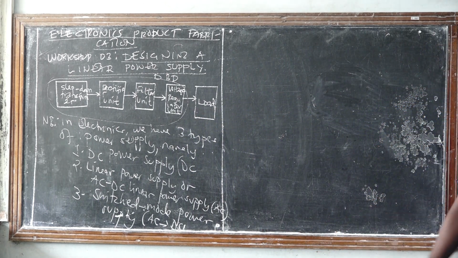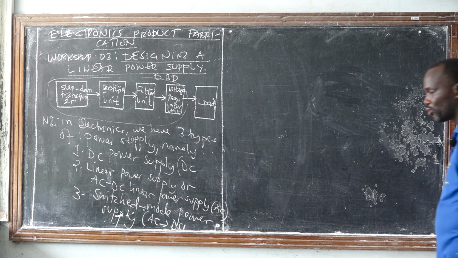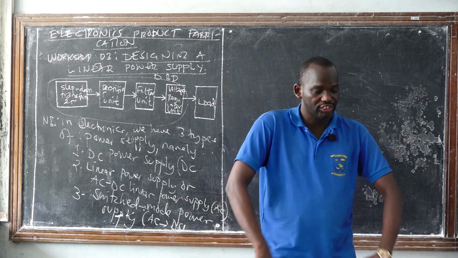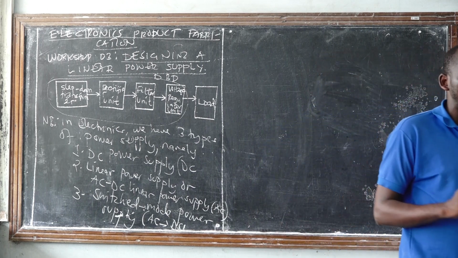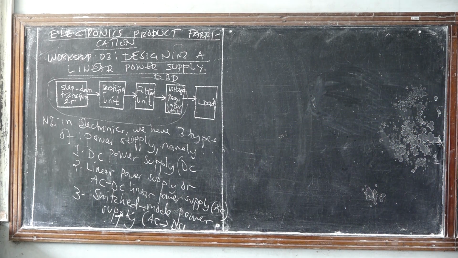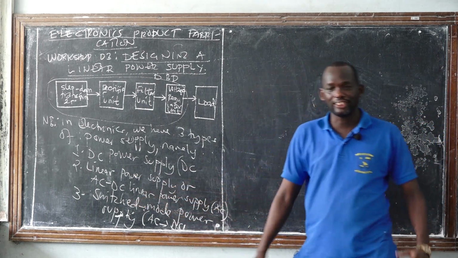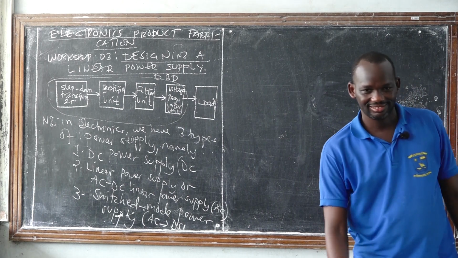In linear power supply, we just use a voltage regulator to regulate the voltage. But in the case of switching mode, we have to use MOSFET transistors in order to switch the power. And that's another story. So this is the simplest, this is medium, and this is a little bit challenging.